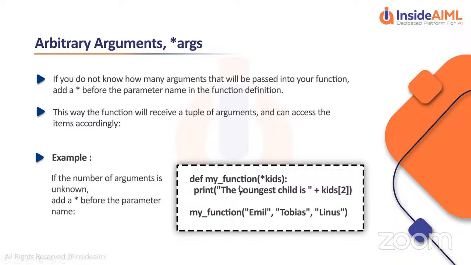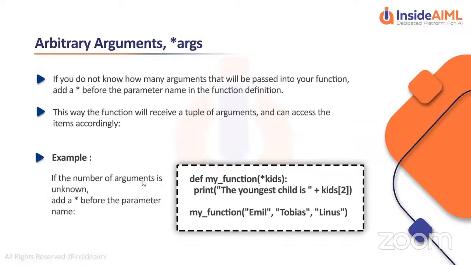In this example, you can see that the function has kids. The youngest child is kid 2, so at the second index of this tuple, that means 0th index, first index, second index. The second index is Linus. So the youngest child is Linus, is the output.